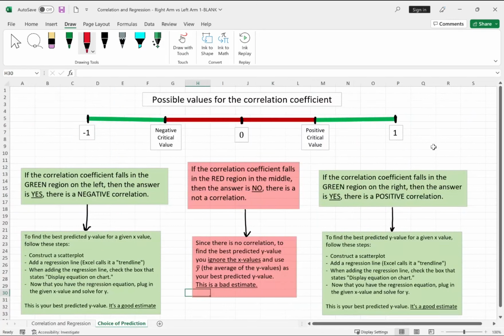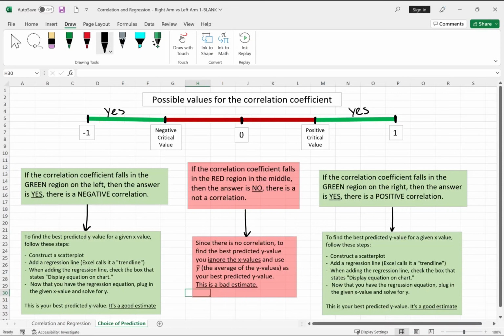Okay, so this number line, which I have highlighted part of it green, part of it red, these are the possible values for the correlation coefficient. Now, it could be any number from -1 if there's a perfect negative correlation, up to +1 if there is a perfect positive correlation. Now, numbers close to the 1 and the -1, our answer would be yes, there is a statistical correlation.